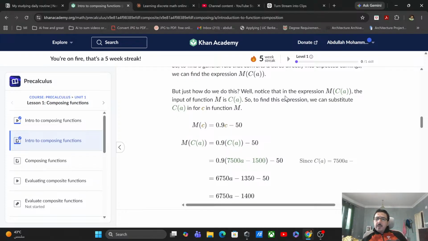We'll notice that the expression is the input of function M. So to find this expression, we can substitute C of A in for C in function M. So M of C of A equals 0.9 times C of A minus 50.